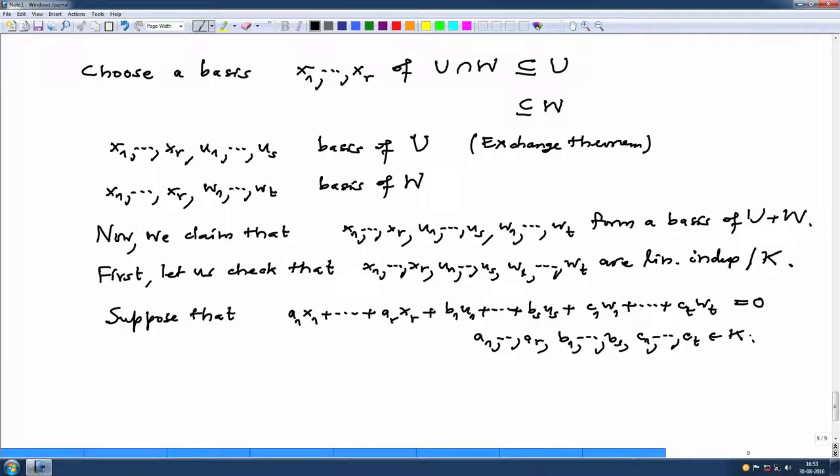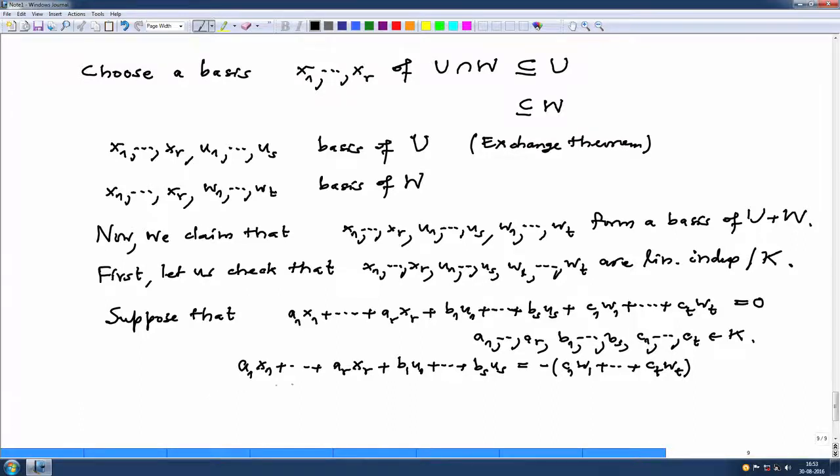And now our job is to prove that all A's, all B's and all C's are 0. So, first I want to shift this to the other side. So, that is A1 x1 plus ... AR xr plus B1 U1 plus ... BS US equal to minus (C1 W1 plus ... CT WT).